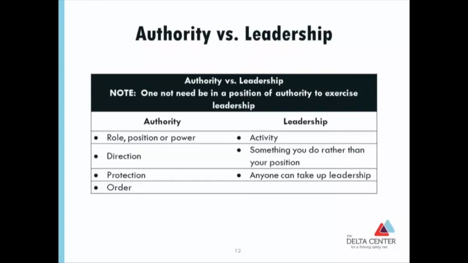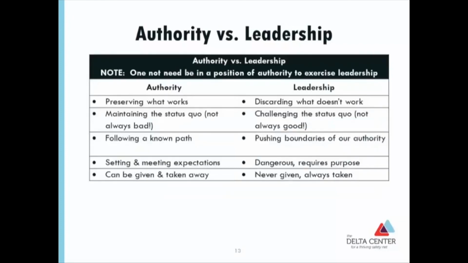And I'd also say that the converse is true. Just because you are in a position of authority doesn't mean that you're exercising leadership. Okay, so maybe some of you can think of those instances where people who are in those positions of authority are not exercising leadership. So we feel that it's helpful to make that distinction.